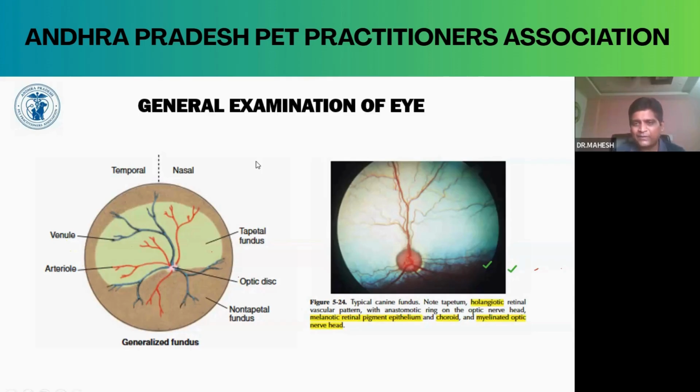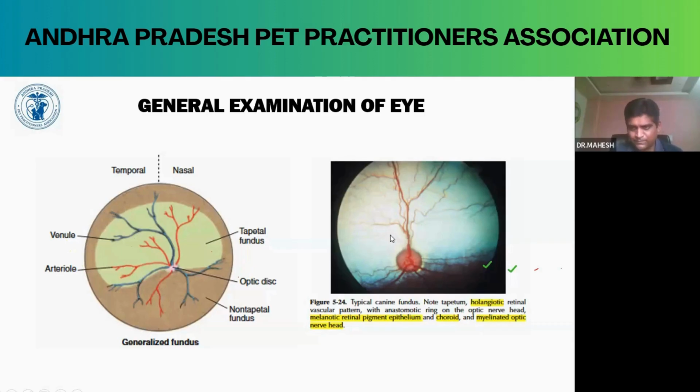And these are the retinal blood vessels. The retinal blood vessels are present: this is the superior one, and the ventrodorsal and ventrolateral, and you can also see the ventromedial blood vessels. Here in the canine, the reflective tapetal fundic area should be gold, bright greenish or yellowish in color.